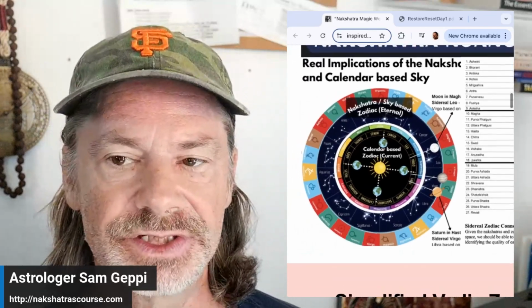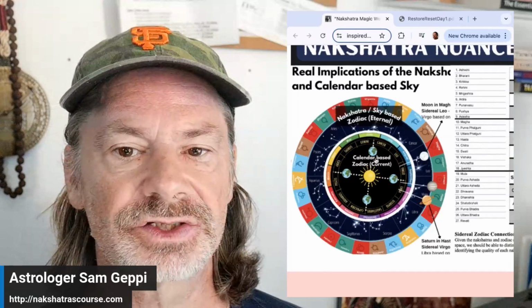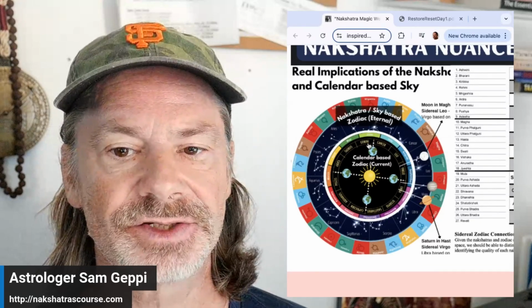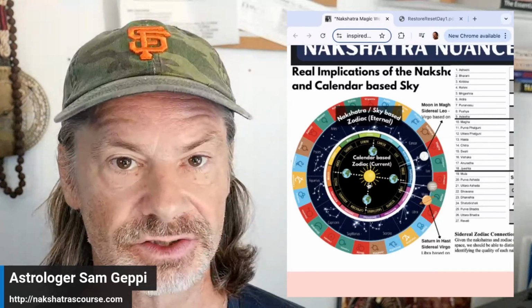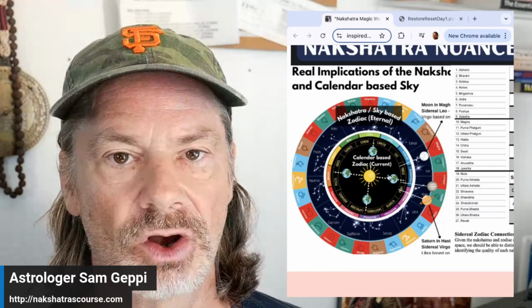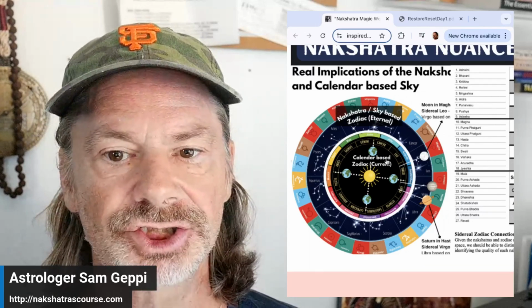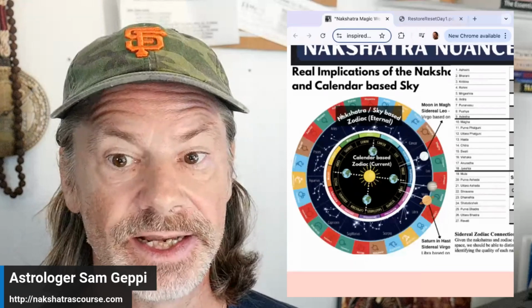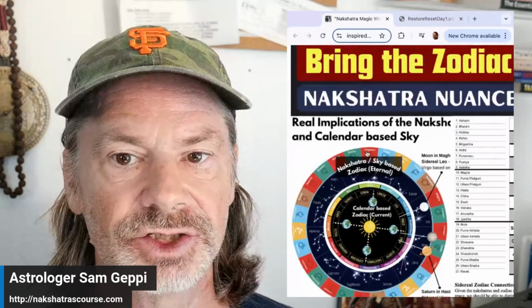And as you can see here, this diagram has the calendar-based circle or zodiac, what is often called tropical zodiac, and the nakshatra sky-based or the eternal zodiac that doesn't change.